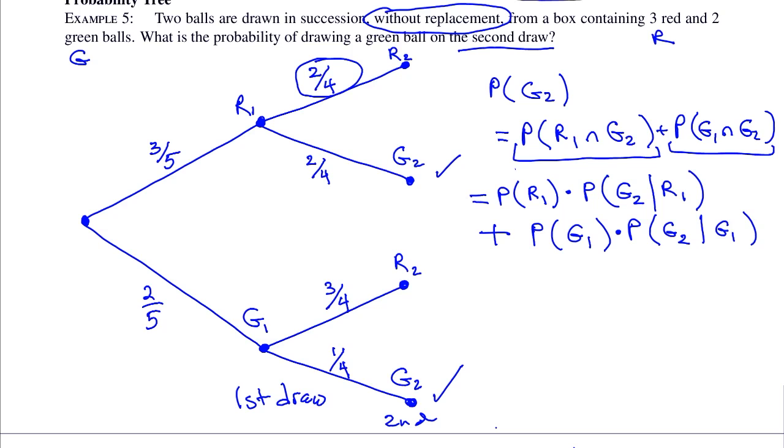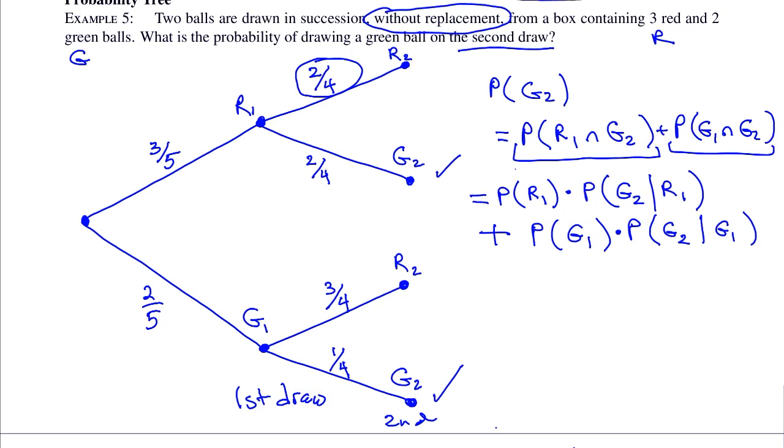You either had a red one on the first draw, or you had a green one. But you have to follow. It's red and a green, or green and green. So it's intersection. That's the only 2 ways to get a green at the end. So that's why we use intersection.